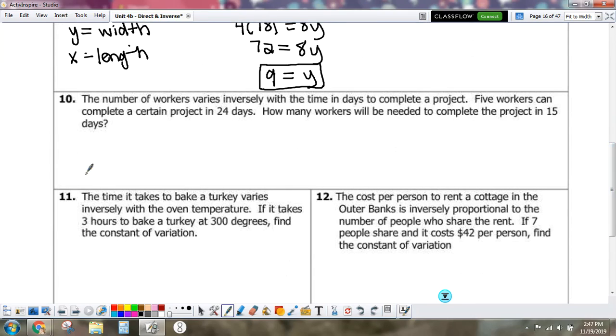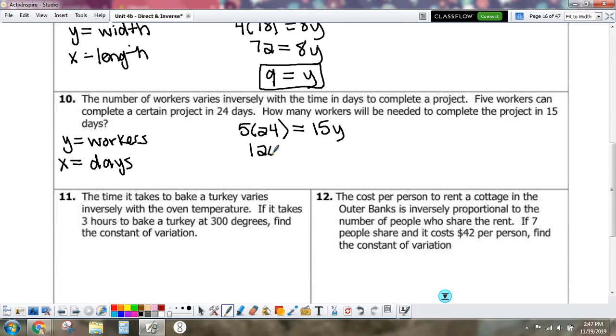For number 10, your y should be the workers, your x should be the days. So you take your 5 times 24 equals your 15 times y. So 120 equals 15y. Divide both sides by 15, and your y is 8. So there are 8 workers.